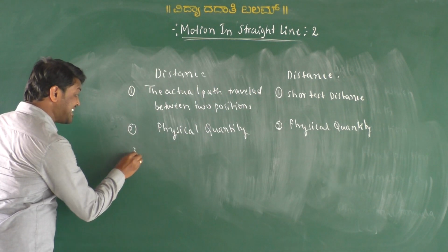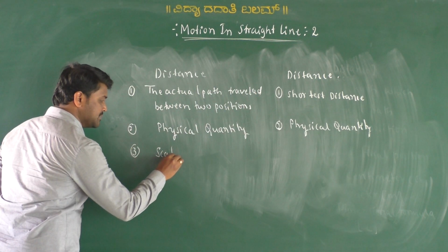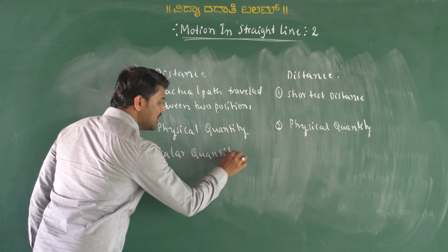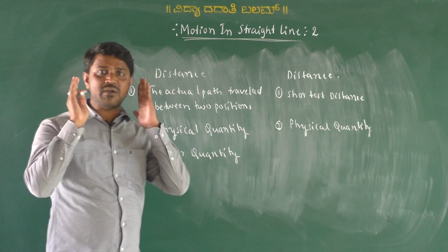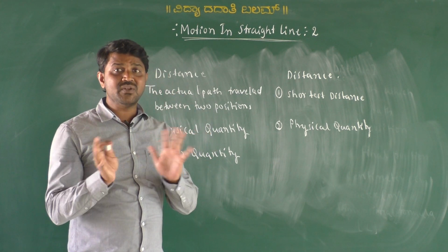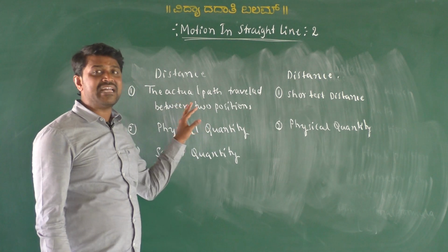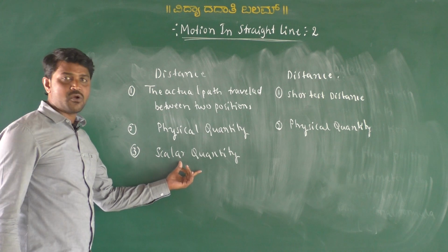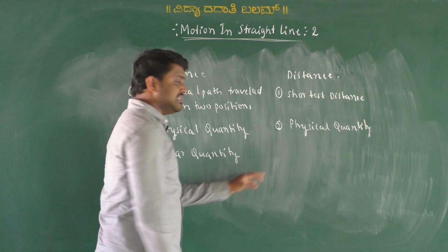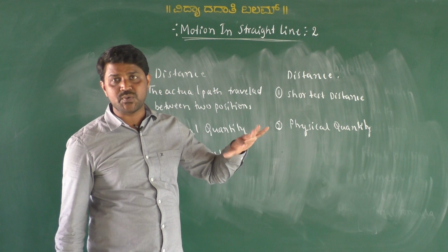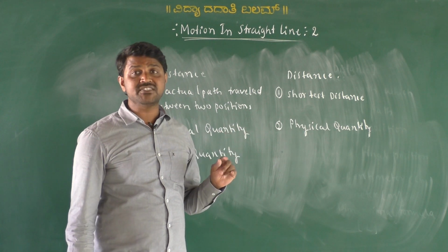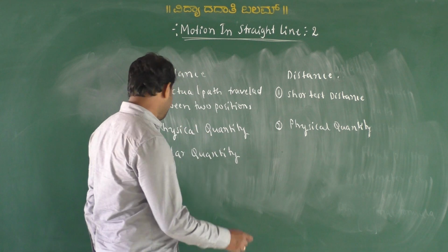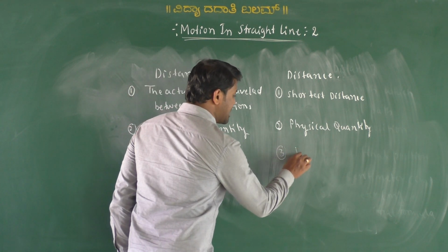But it is a scalar quantity. ಇದು ಸ್ಕೇಲಾರ್ ಕ್ವಾಂಟಿಟಿ ಅಂದರೆ it is only having a magnitude, only having a positive value. There is no negative value because the actual path can be traveled between the two positions. ಹಾಗಿರೋದ್ರಿಂದ it is going to be called as scalar quantity, but the displacement either it is positive or negative or zero, depends on nature of origin or nature of references. So therefore it is called as vector quantity.